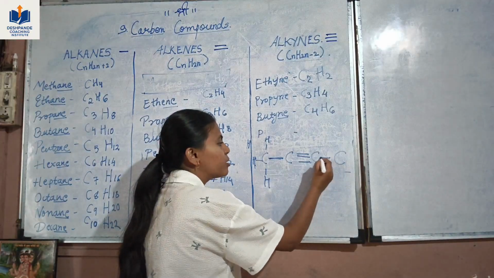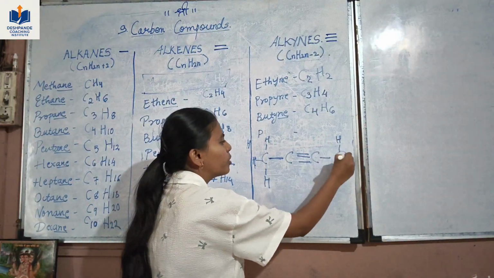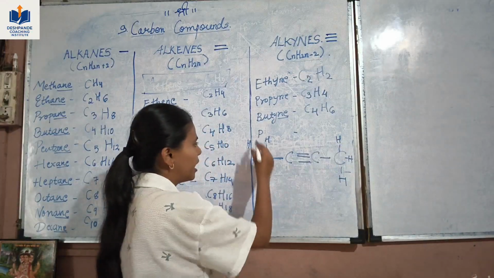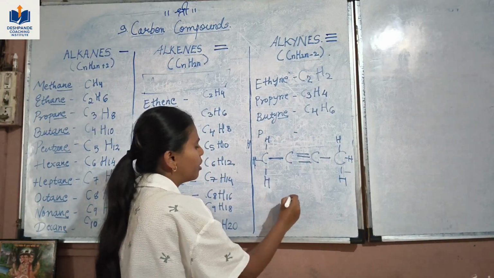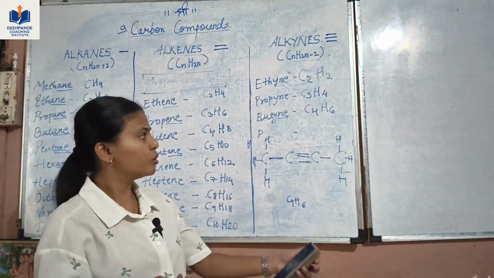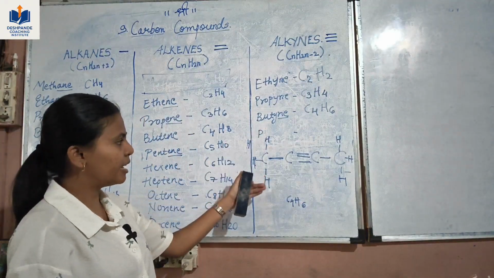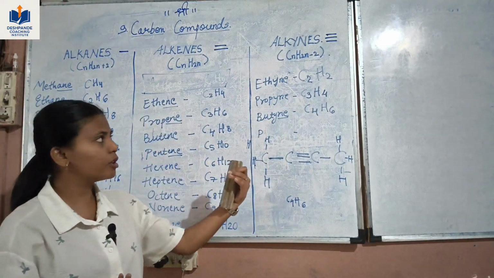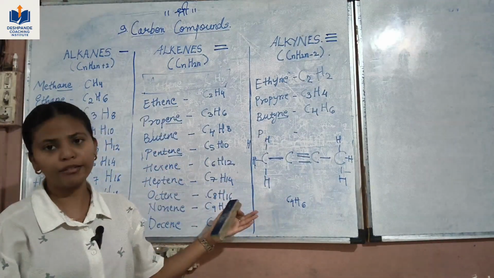This carbon atom has only 1 bond, so it will need 3 more bonds. So the 4 valencies are satisfied, and this is the structural formula for butyne. So you can try for pentyne, hexyne, and let me know in the comment section how you find this video, and try the next members of the alkyne family.